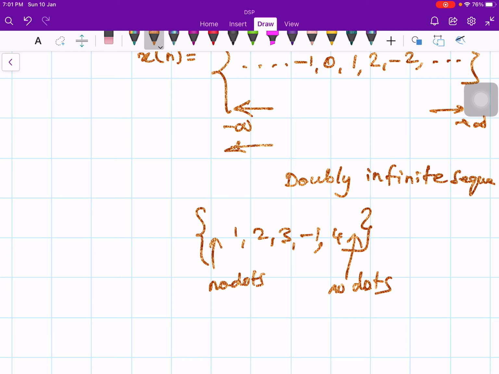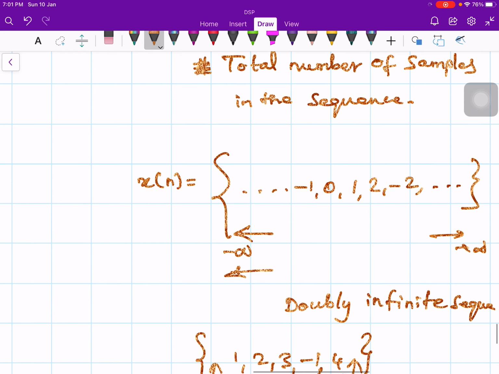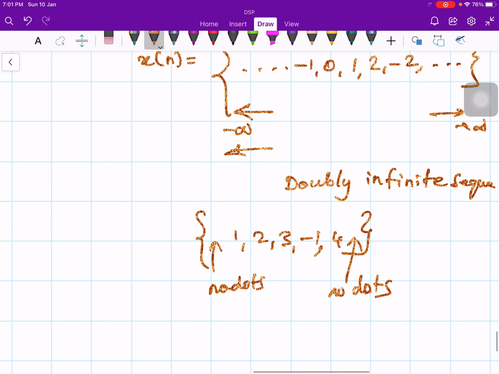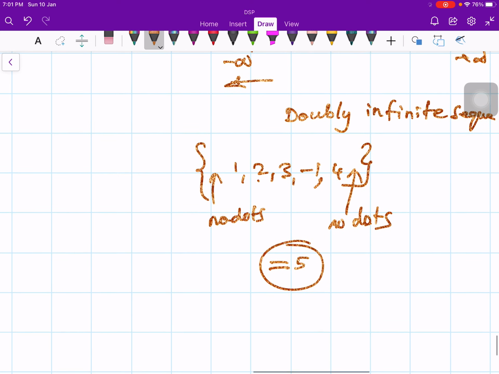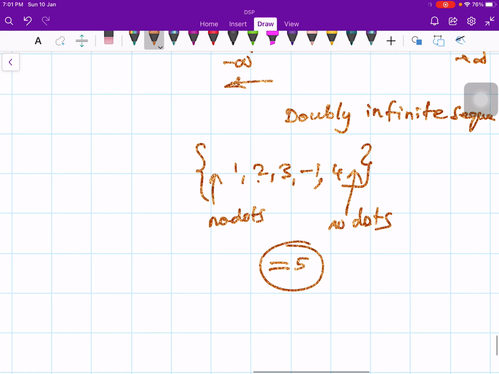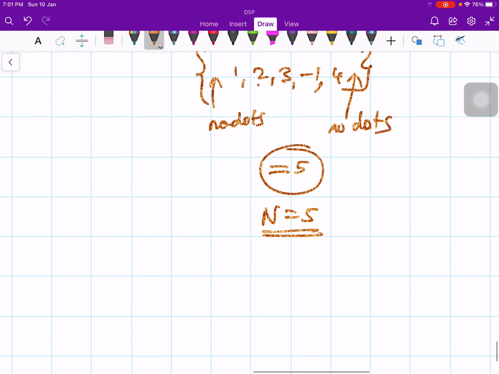You can count how many samples there are in this: 1 2 3 4 5. So the sequence length is 5. The length of a sequence is equal to the number of samples in the sequence. Therefore here the length is 5. That's it.